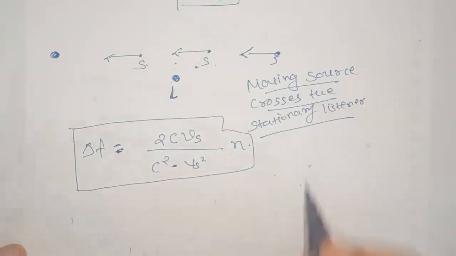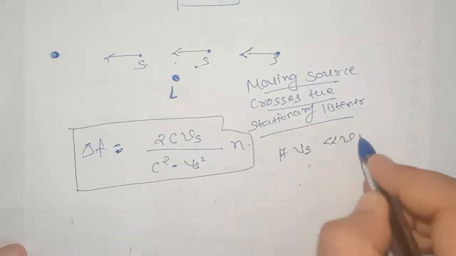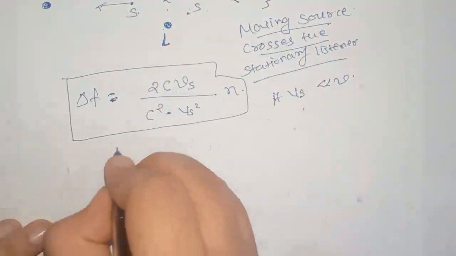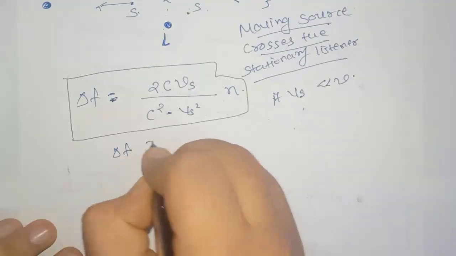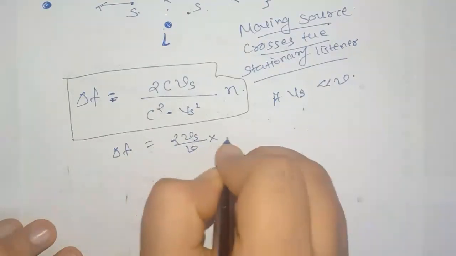Now, if vs is very less than v, then in that case the delta F will be equal to 2vs by v into f.